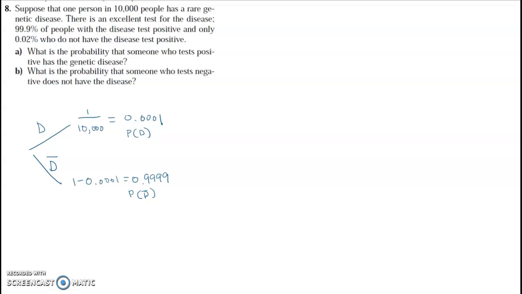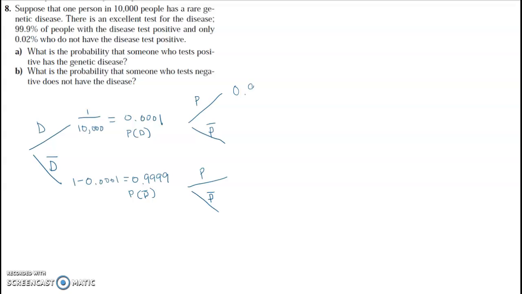From here, it branches off again into two branches, where the test is positive and negative, and also positive and negative. The probability of the test being positive for those people who do have the disease is 99.9%.